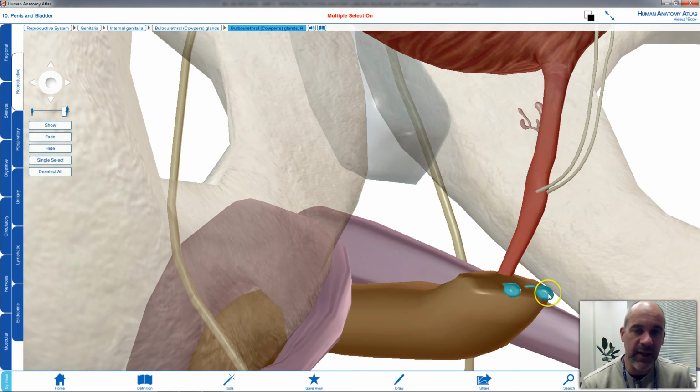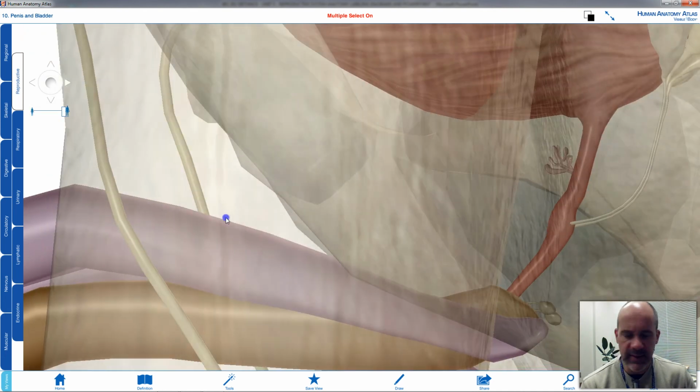And the fluids that these glands produce also reverse the acidic conditions that exist inside the urethra because of the urine that has been passing through it. The acidic conditions inside the urethra are actually toxic for sperm cells. So the secretions of the bulbourethral glands actually get the urethra ready to be a more inviting environment for sperm before they get ejaculated through the urethra.